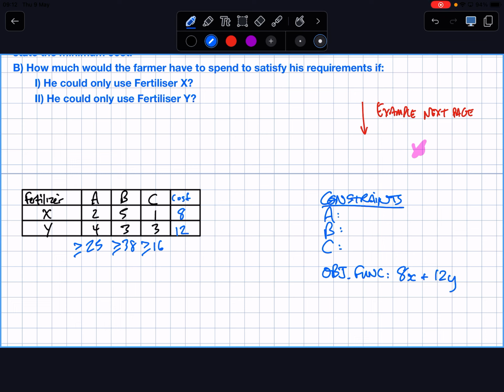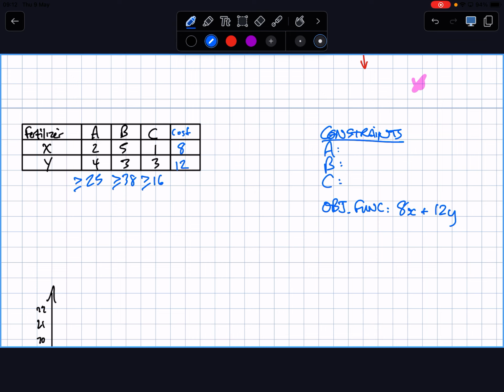Now we did this table. What are the constraints for A? Read it vertically down. What would my constraint for A be? Reading down there: 2x plus 4y greater than or equal to 25.